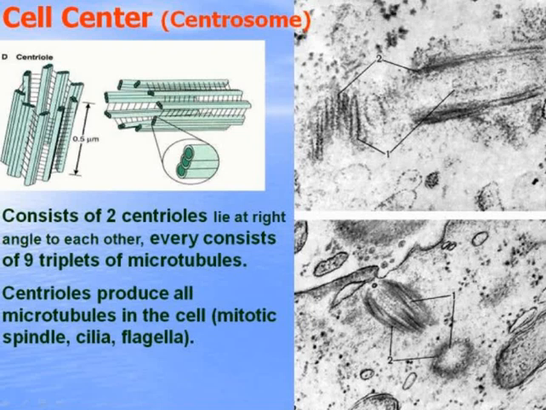The length of each centriole is about half a micron, and this is the electron micrograph of the cell center. One centriole and another, a transverse section and a longitudinal section of centrioles in the cell center. Centrioles produce all microtubules in the cell, including the mitotic spindle, cilia, and flagella.